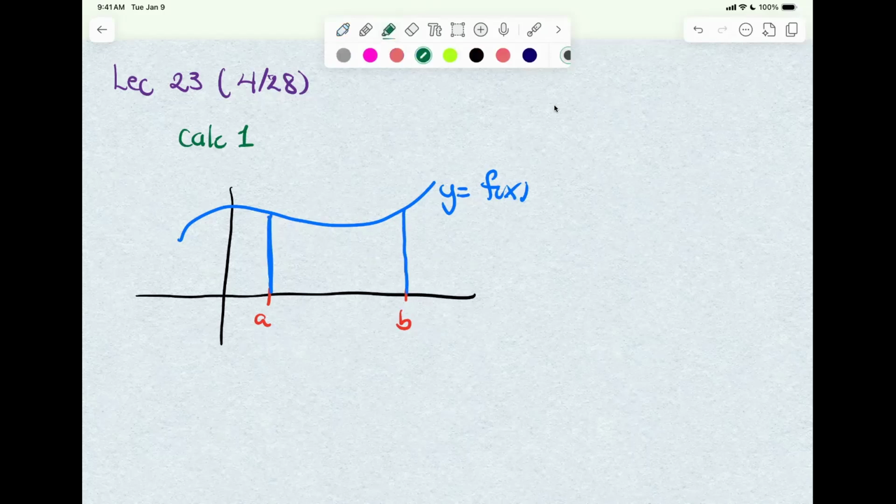And as you well know, the area of this region was just the value of the definite integral from a to b of the function, right?